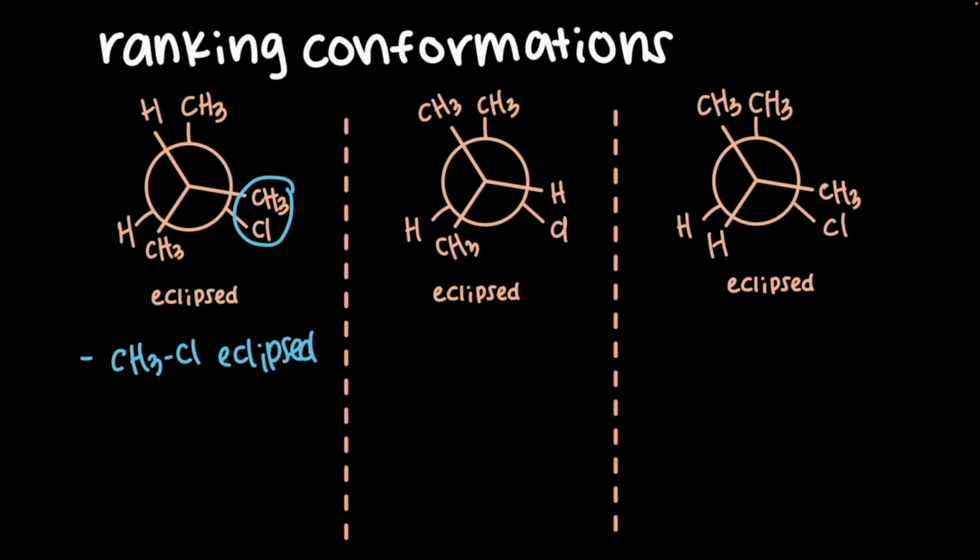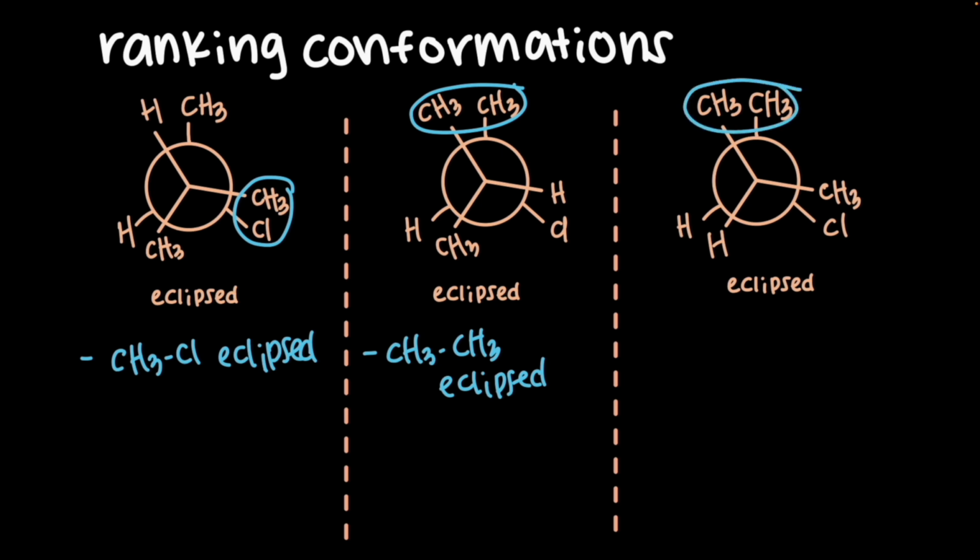In the second Newman projection, I have a CH3CH3 eclipsing. And in the last Newman projection, I have a CH3CH3 and CH3Cl eclipsing.